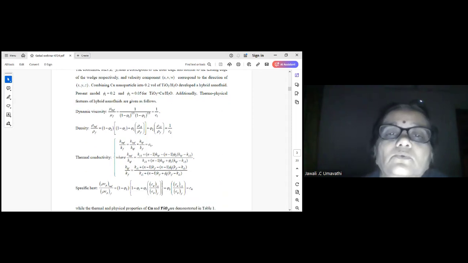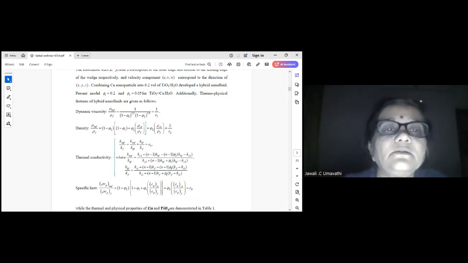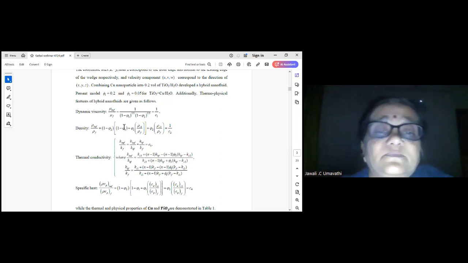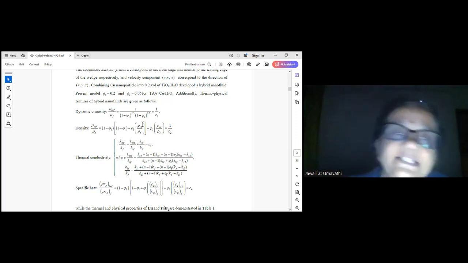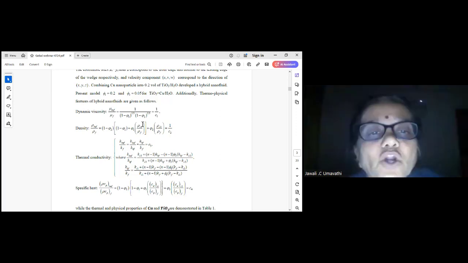So now, what are the thermophysical properties? There are a lot of relations between these. How they consider these relations is they take the experimental values and then they give the model.